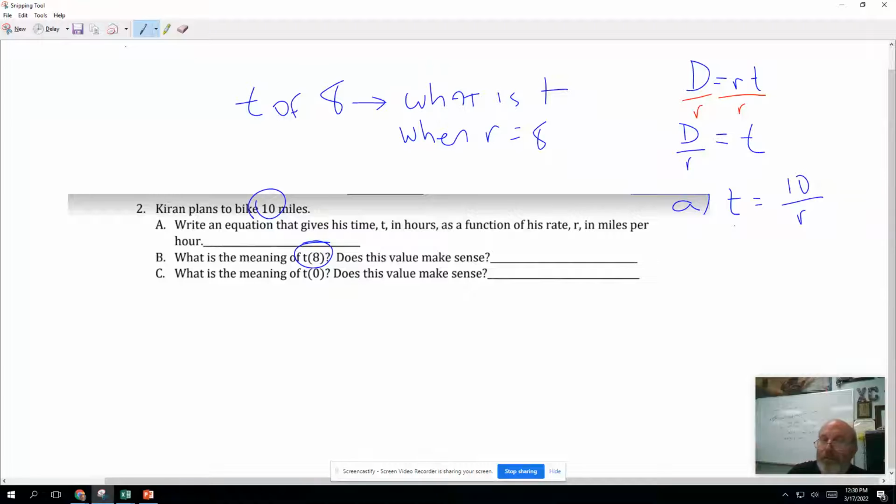And so you're going to plug in. t of 8 is equal to 10 divided by 8, which if you did that in your calculator, you would get 2.25. No, 1.25, sorry. 1.25 what?